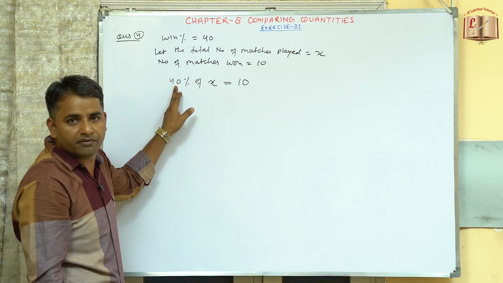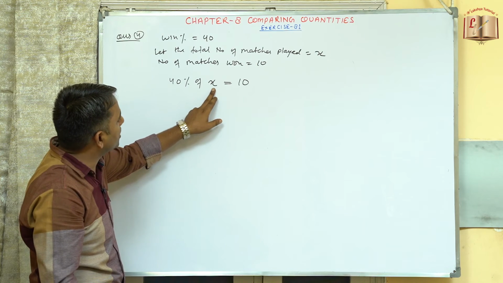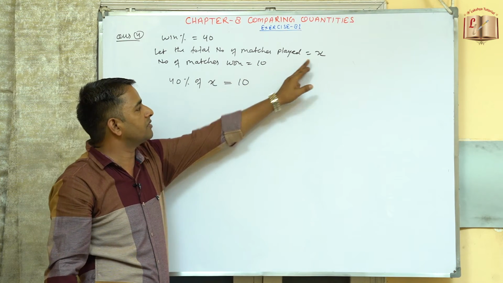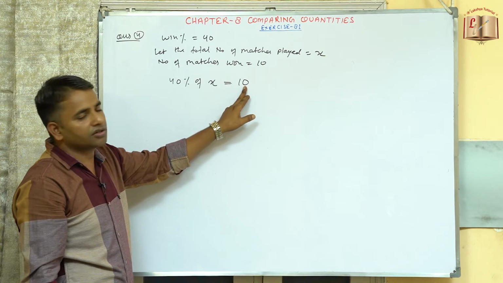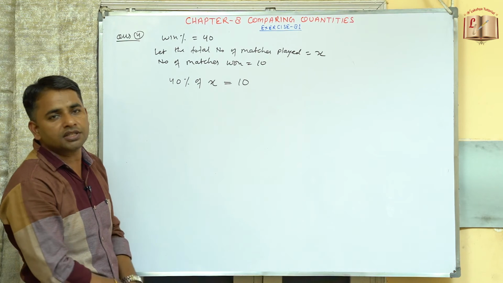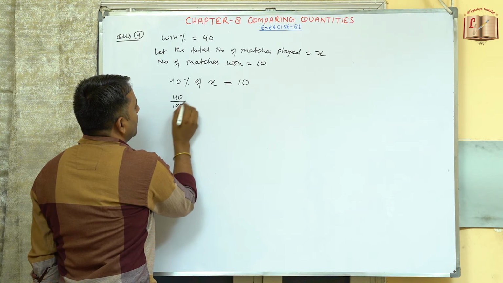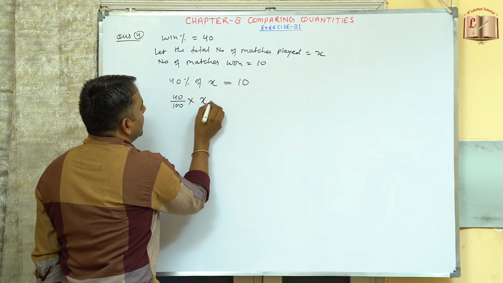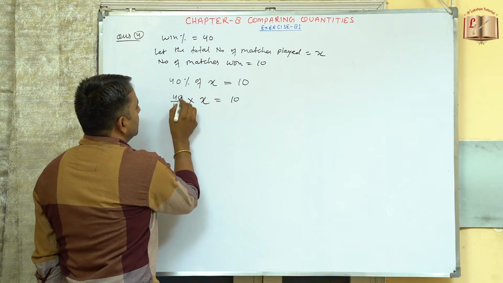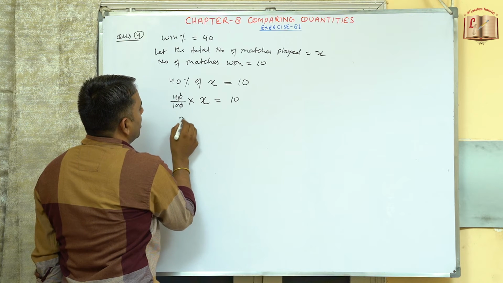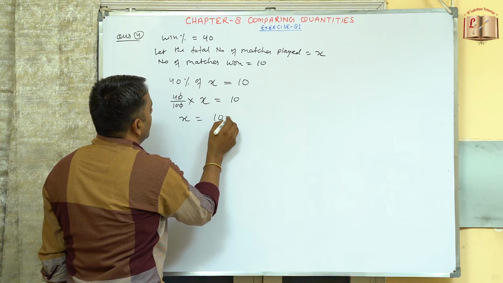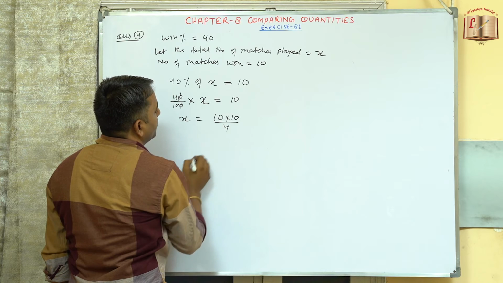Because 40% is the win, 40% of the total number of matches, which we have taken as X, is equal to 10. 10 is the number of matches won. Now 40% will be written as 40 by 100, of means multiplication, then X is equal to 10. So the zeros cancel. Now X will be equal to 10 into 10 by 4.